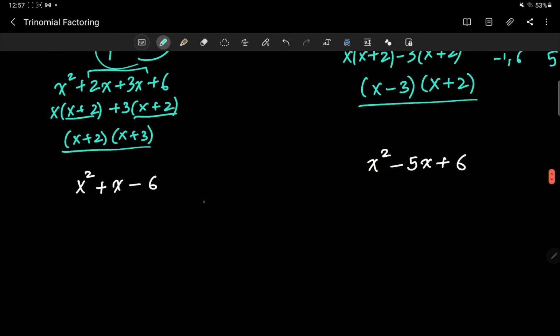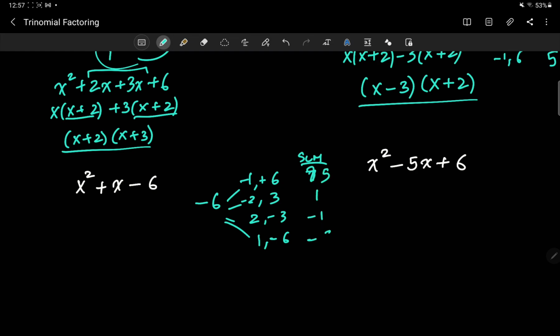The next one, again I need a product of negative 6. So that's negative 1 and positive 6, negative 2 and positive 3, positive 2 and negative 3, and positive 1 and negative 6. The sums are 5, 1, negative 1, negative 5. I need the sum to be 1.